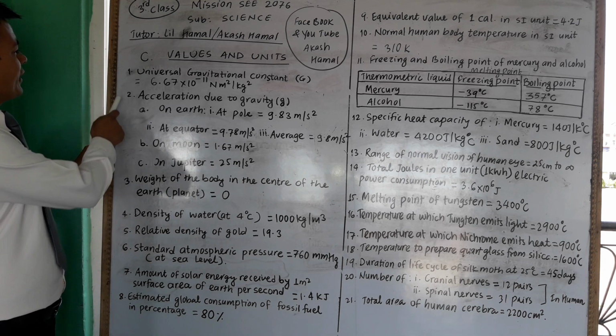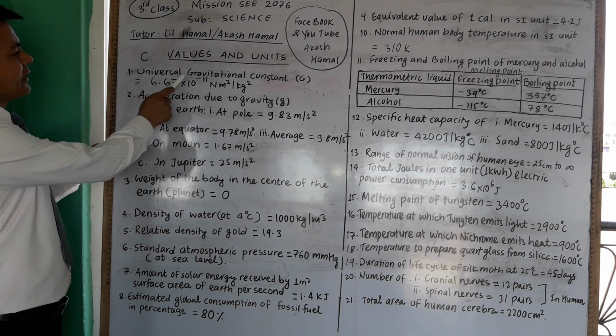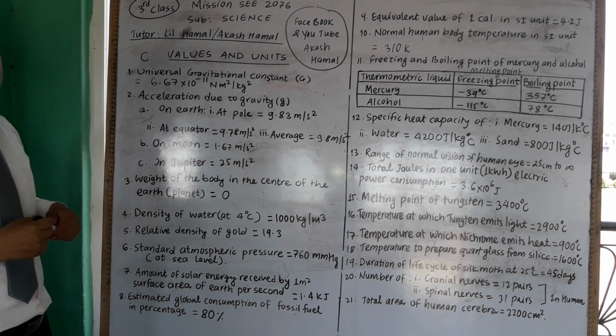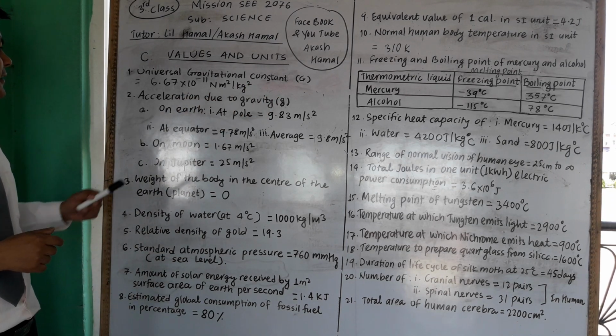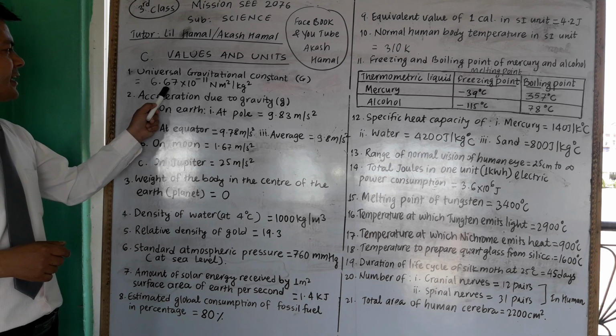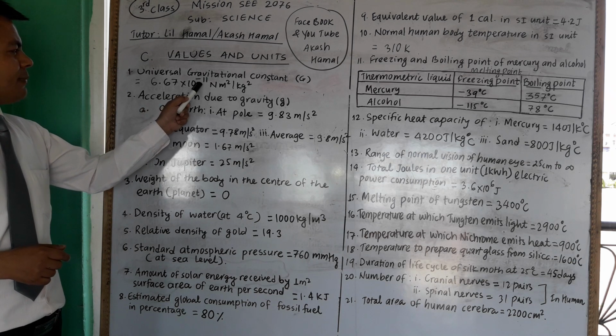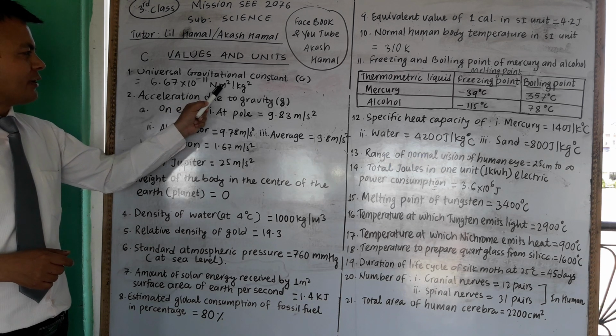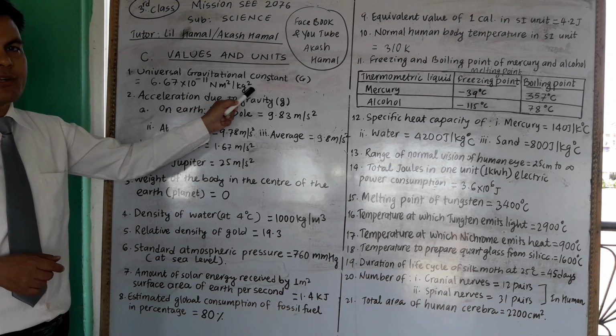Well, number 1, universal gravitational constant, capital G. Its value is 6.67 × 10 to the power minus 11 Newton meter square per kg square.